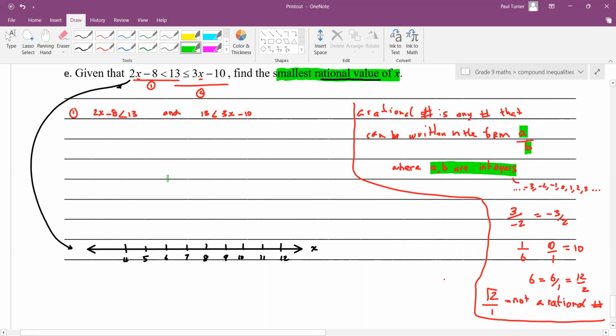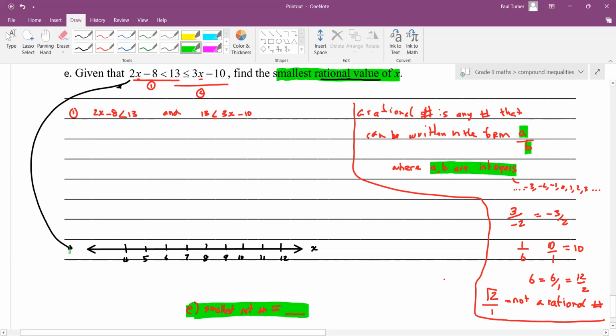Okay, so you do that. I want you to put in the chat box if you think you got your final answer. So this is question E. Smallest rational number equals what? Okay, so in the chat box, you can do that. But I'll give you a few minutes to try it yourself.